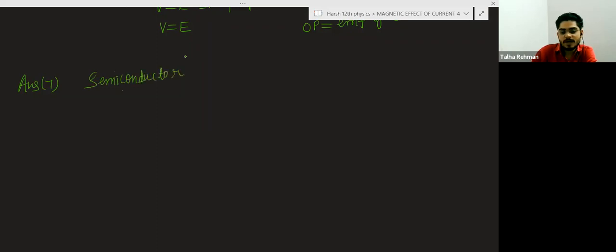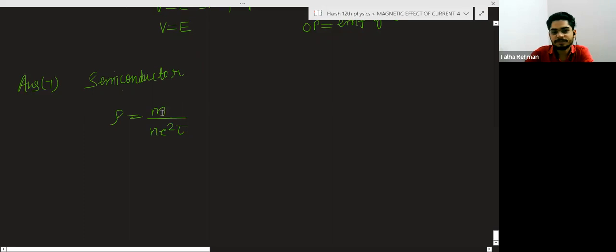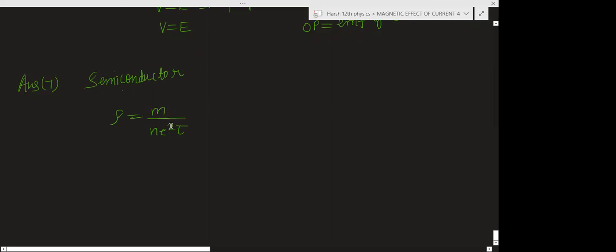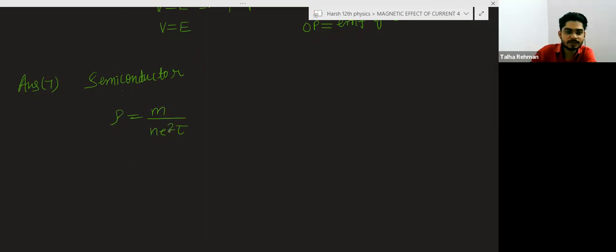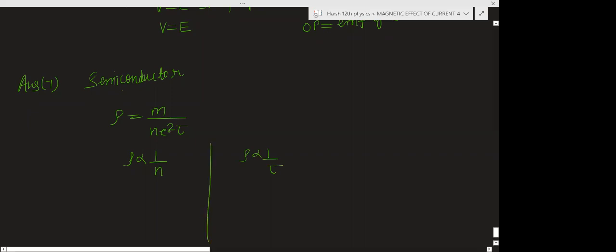Very simple. You should know the formula of the resistivity. Resistivity is given by m upon n e square tau. The mass of the electron will remain the same, and the charge on the electron will remain the same. So your resistivity will depend upon the number of electrons per unit volume, and also upon the relaxation time.